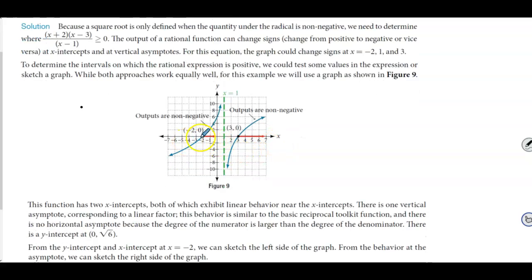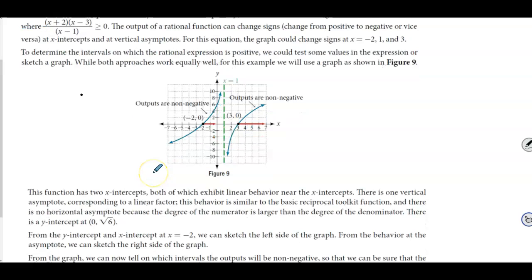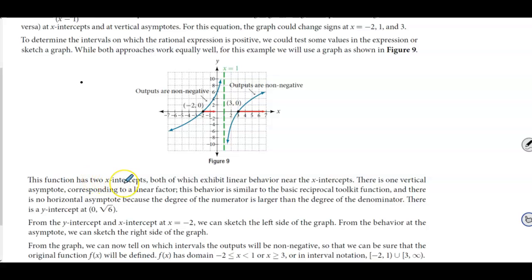So here you have your function. We have the vertical asymptote at x equals 1. We have x-intercepts at (negative 2, 0) and (positive 3, 0). And so we want to figure out where the outputs are non-negative. This function has two x-intercepts, both of which exhibit linear behavior near the x-intercepts.